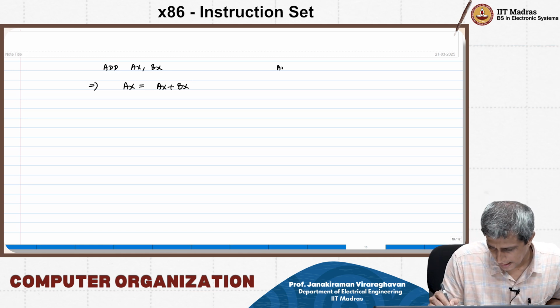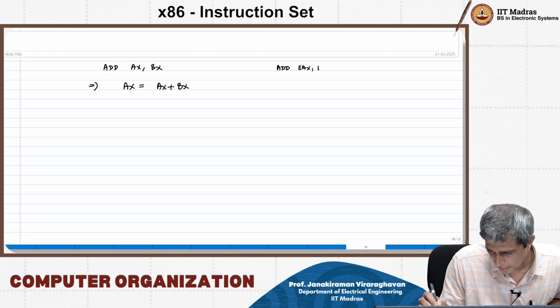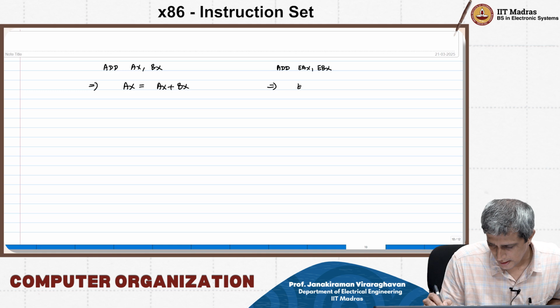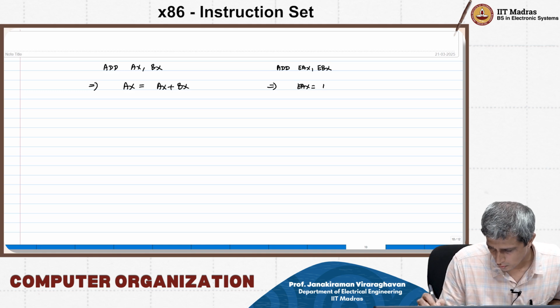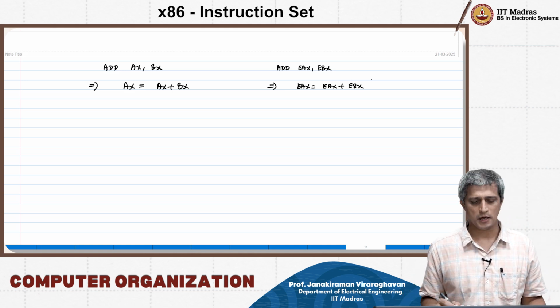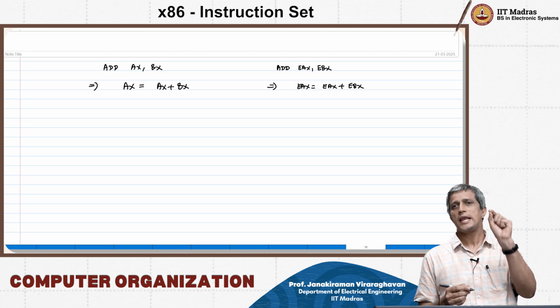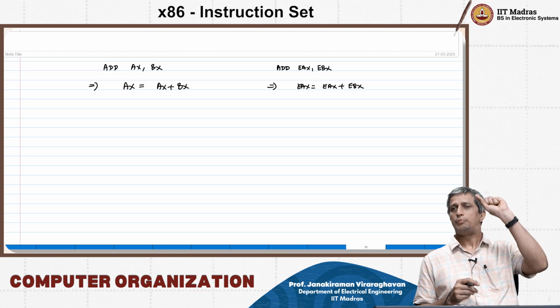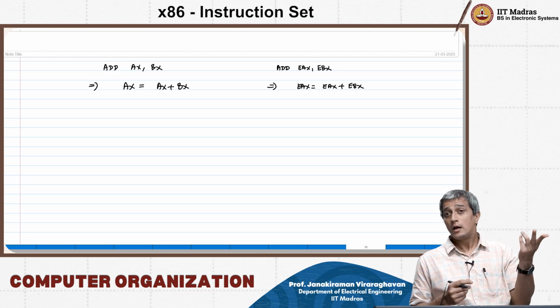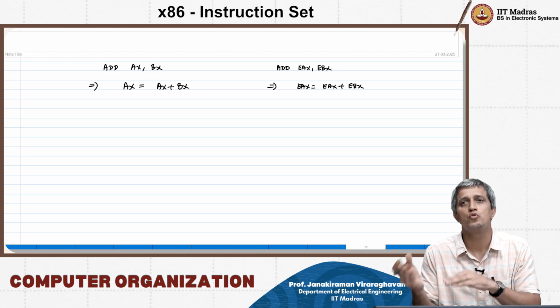Or if I said add EAX comma EBX, this implies EAX is equal to EAX plus EBX. So it is treating AX as one operand, BX as the other operand, and then replacing AX with the new value.